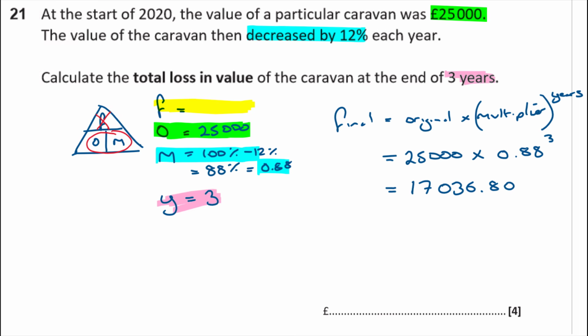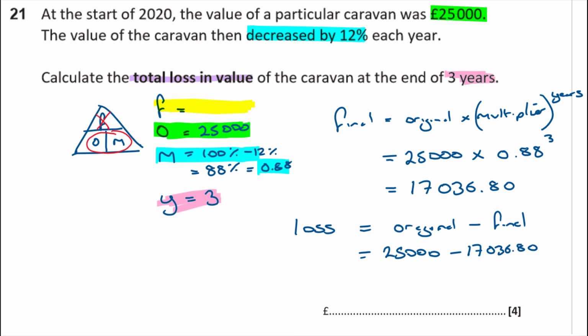It's not asking for the cost of the caravan after the 3 years. It wants the total loss in value. So the loss is going to be the original cost minus the final cost, isn't it? So it's going to be the £25,000 it used to cost minus the £17,036 and 80 pence it is now worth.